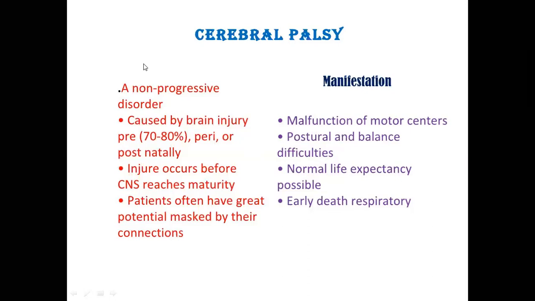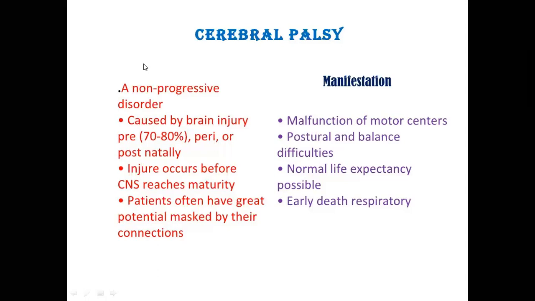Normally the baby cries immediately after birth, but if not, it means there is loss of blood supply to the brain. Due to loss of blood supply to the brain of the newborn or in intrauterine life, a condition known as cerebral palsy can occur.